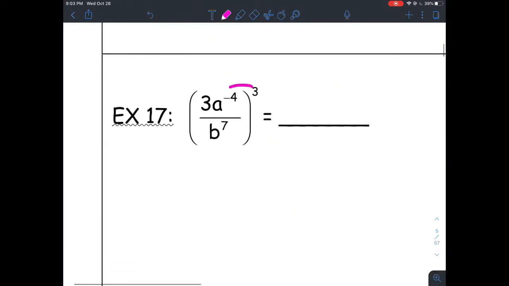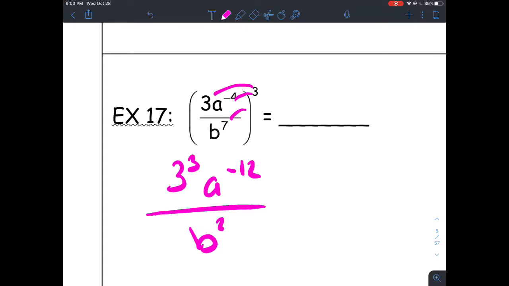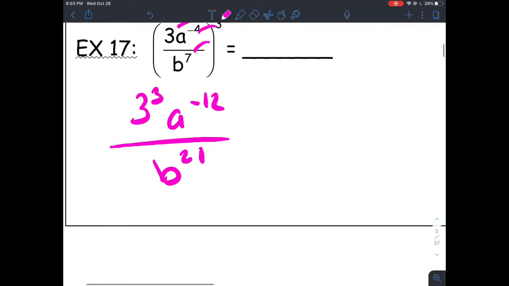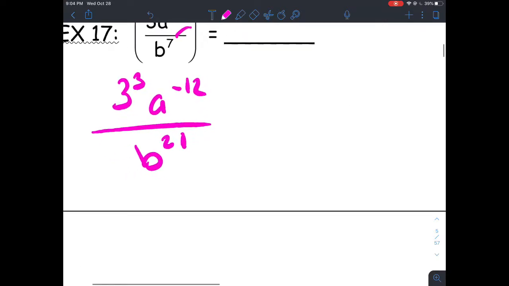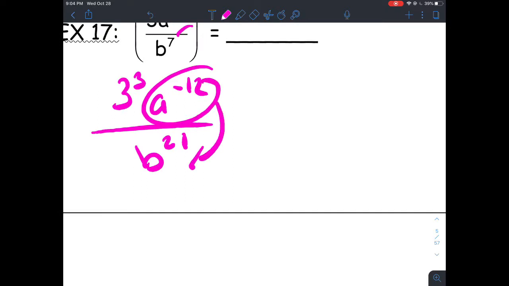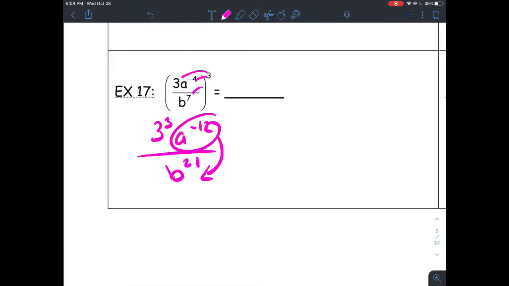All right, next one. Again, we're going to distribute that power. So we get 3 to the 3rd, a to the negative 12, and b to the 21. Now, keep in mind, we do not like having negative powers. So we've got to boot this down into the denominator. So we are going to get 27 over a to the 12th, b to the 21st.